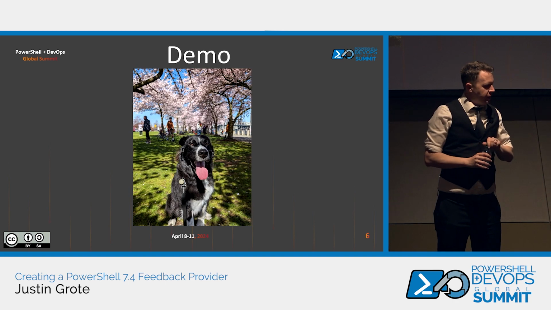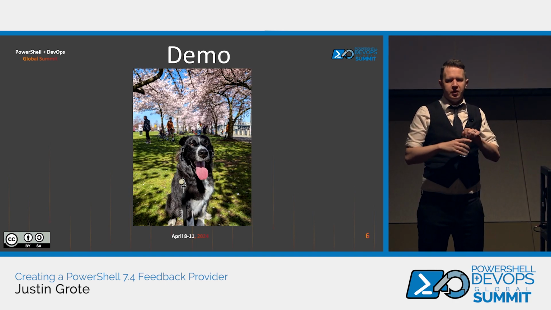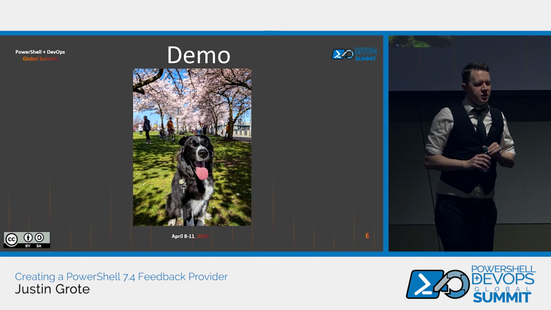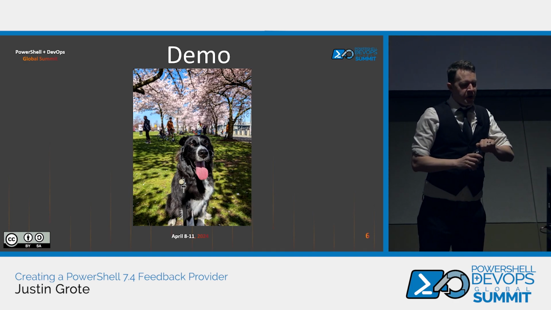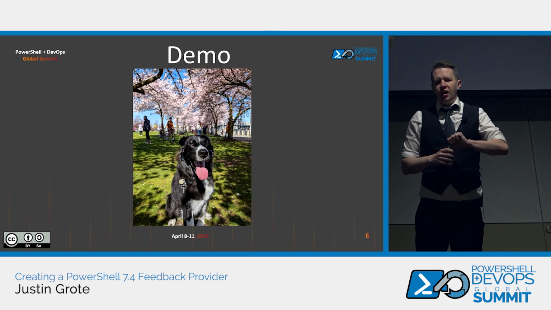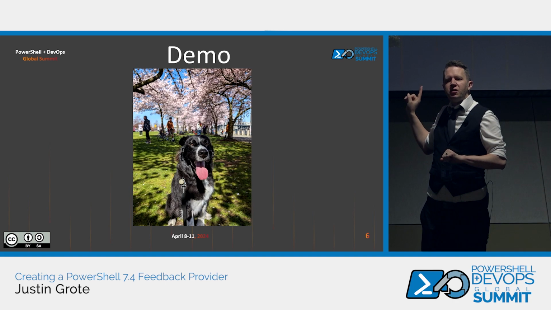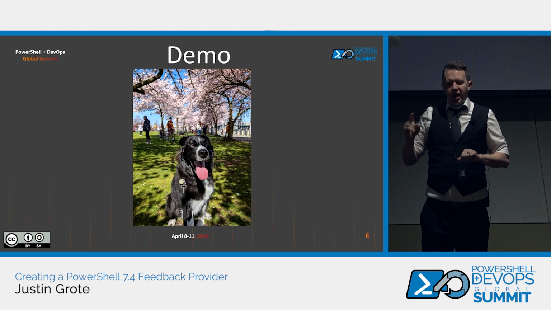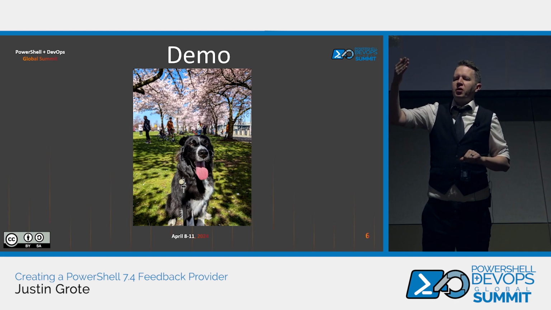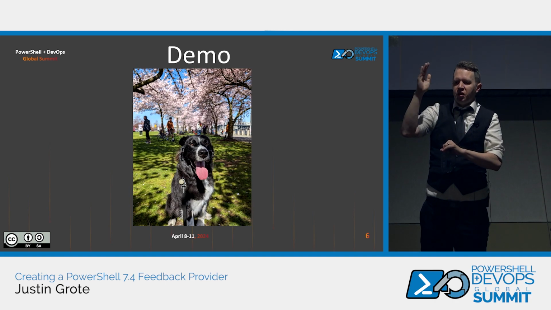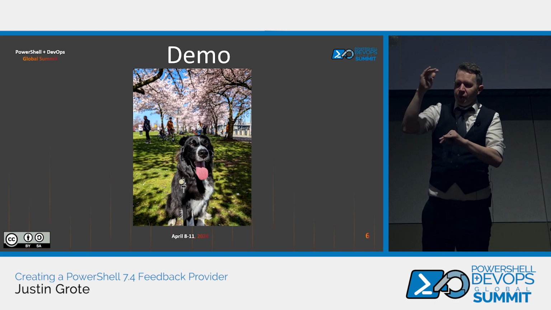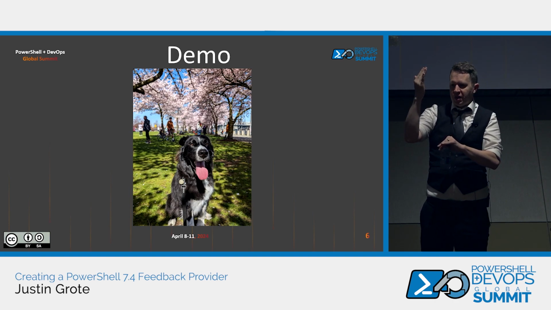So at this point, I'll go ahead and take questions about feedback provider. Yeah. So the question is about doing things on success. I mentioned that you can, and in fact, the MGAQ detect does work on success. The properties you get are whether it was successful or errored, and the AST, which is the script that the person ran. That script is what you would do success tests against.